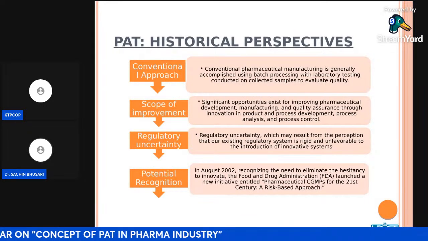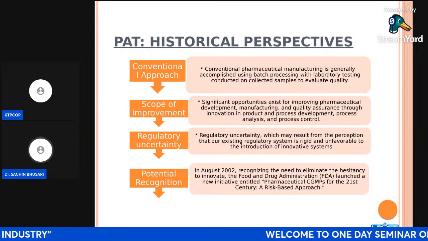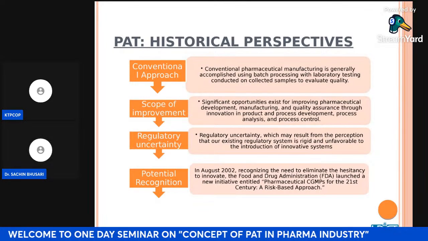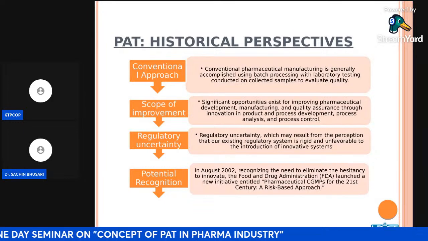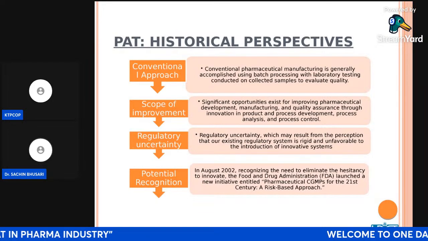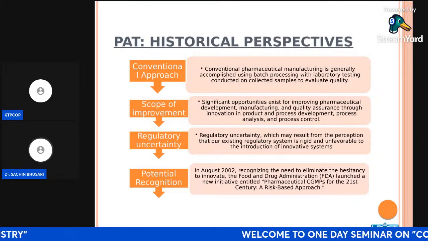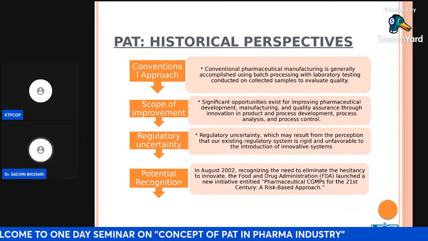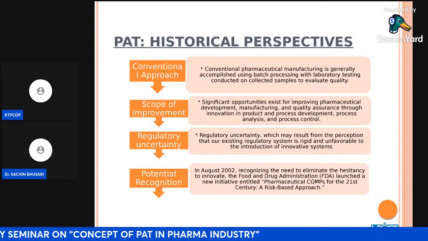But afterwards, in nearly 2000, that thought was changed by the agencies themselves. The leading agency which molded this concept of rigidity was the USFDA. So you can see the potential recognition. The USFDA identified that although we should be strict somewhere in manufacturing, quality control, and quality assurance, there should be some innovation, and they initiated that innovative process through the CGMP guidelines, current good manufacturing practice guidelines.